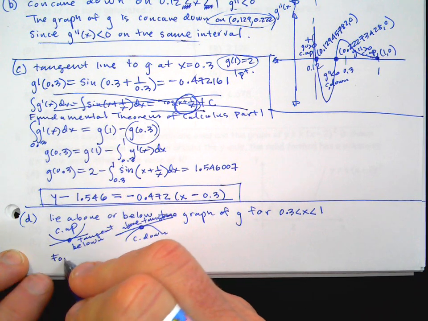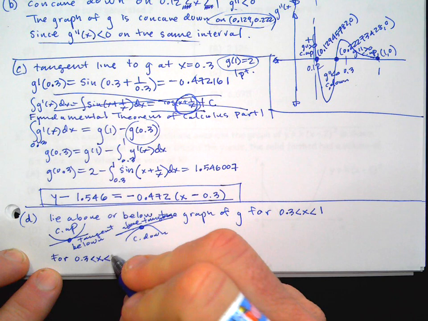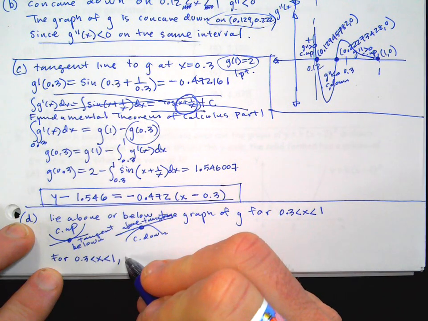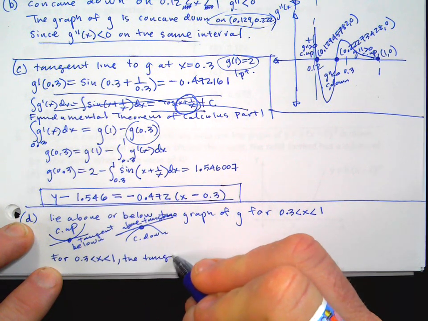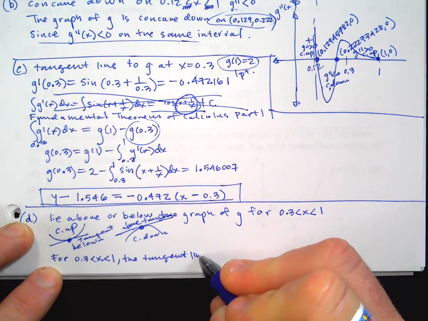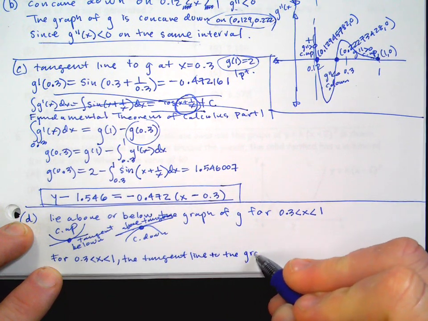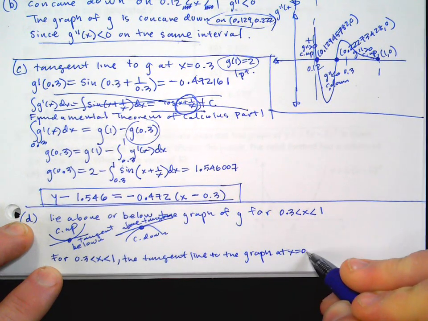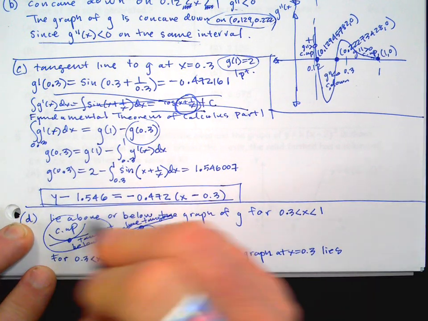So I'm going to say for 0.3 to 1, the tangent line to the graph at x equals 0.3 lies, so we're looking at this one right here, right?